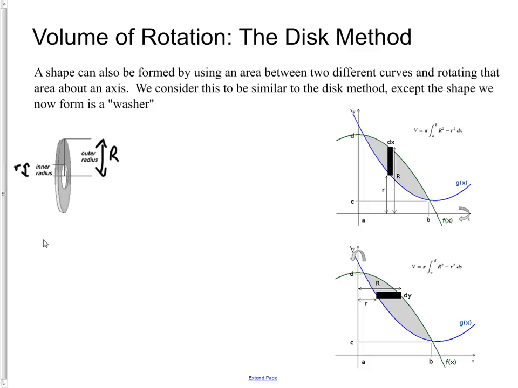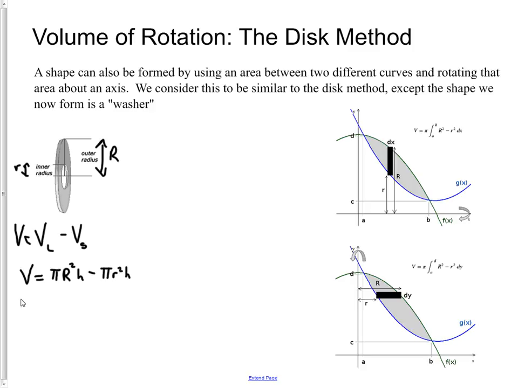So what essentially is going to happen is we're going to take the volume of the larger unit and subtract away the volume of the smaller unit and get our total volume. And of course, by subtraction, the volume of a washer is going to be pi times R squared h minus pi times small r squared h.